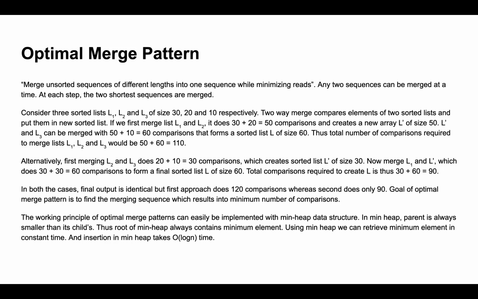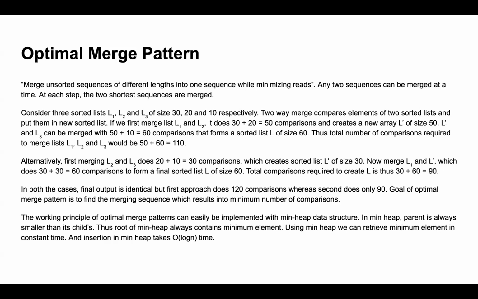See what is there in the heap. Parent is always smaller than its child. Child nodes are greater than parent nodes, which is known as a min heap data structure. Thus, the root of a min heap always contains the minimum element, because the parent node is the root of that tree, and the other nodes are child nodes, as in the tree data structure.